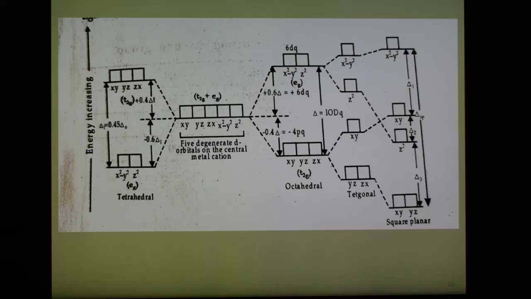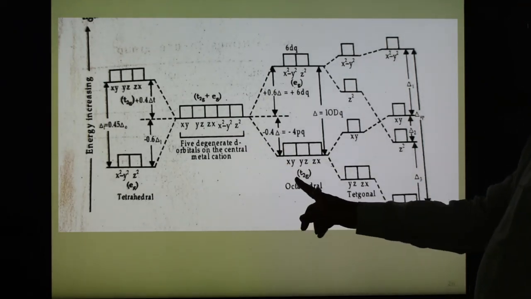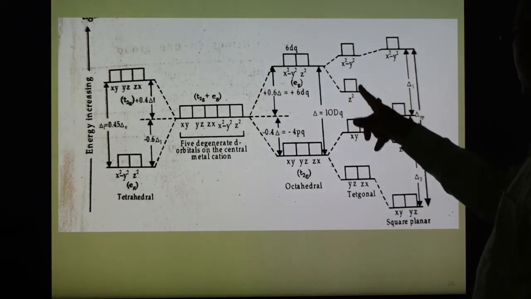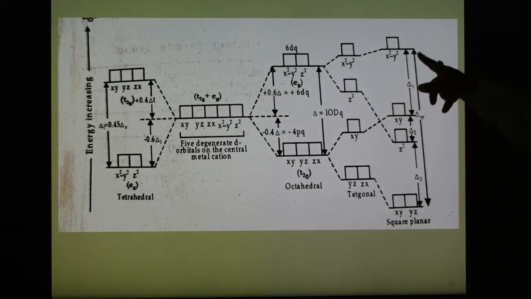In this case, the dz2 orbital contains only 1 electron. These are the splitting energy level diagrams for square planar complexes: this is for octahedral, this is for tetragonal octahedral geometry, and this is for the square planar splitting of d orbitals in the complex.